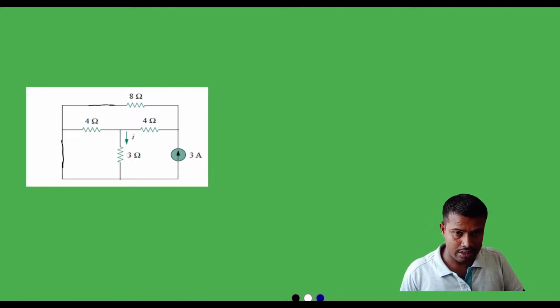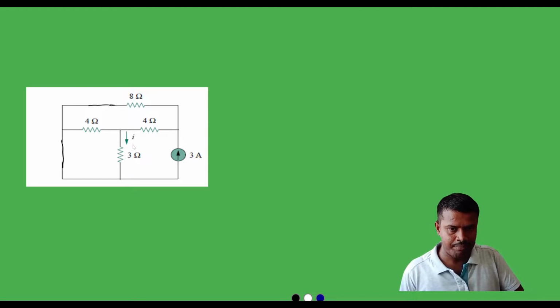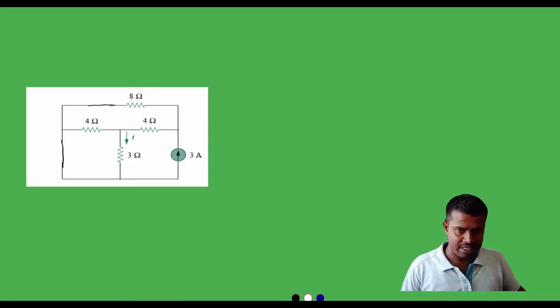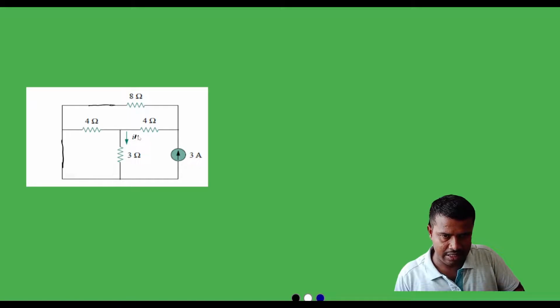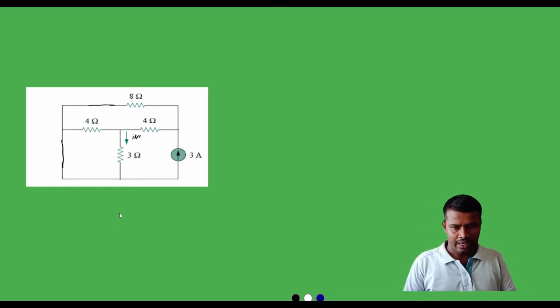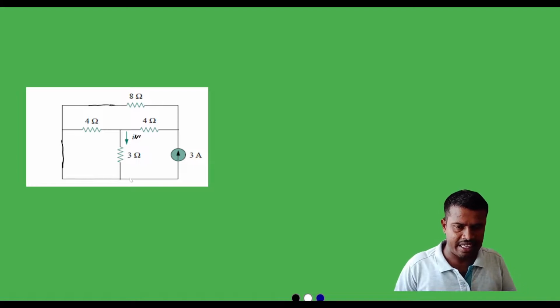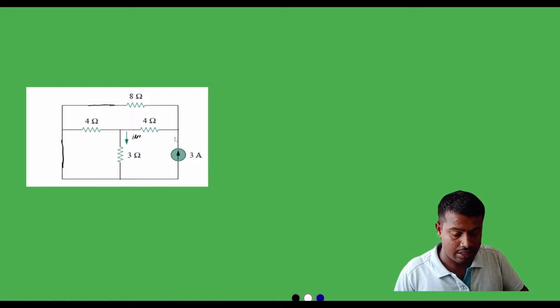In this step we need to find out the value of current I when the current source of 3 amps is active. For this, let us mark this I triple prime, and we need to mark the currents to apply the KVL. So correction, we apply the KCL.